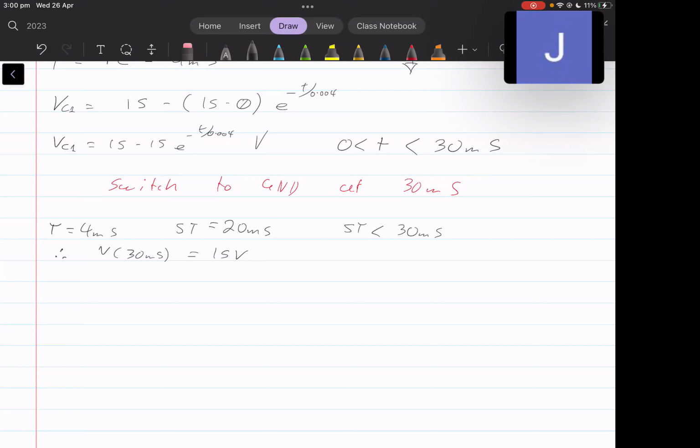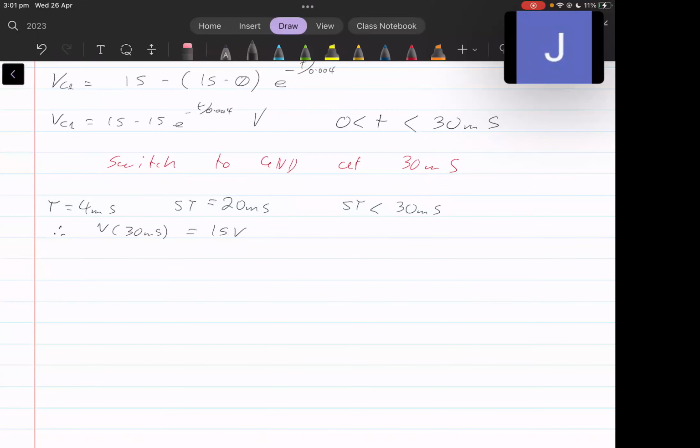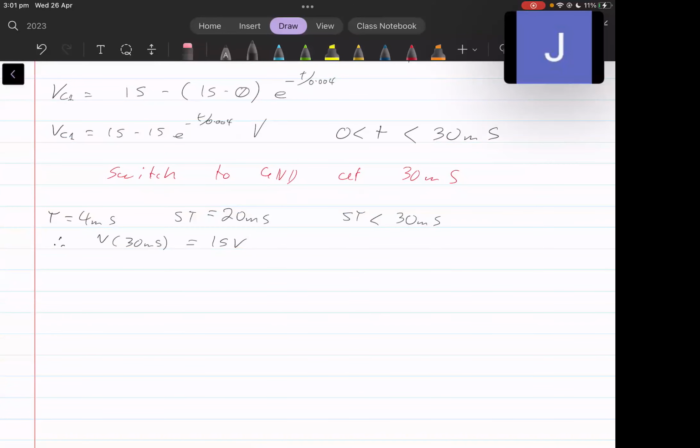And I believe that gives you 14.99 something. So again, if you do it that way, you can say it's 15. And the reason we're doing that is just to simplify this whole process a bit. So now instead of doing the step response, we're just going to look at the natural response.